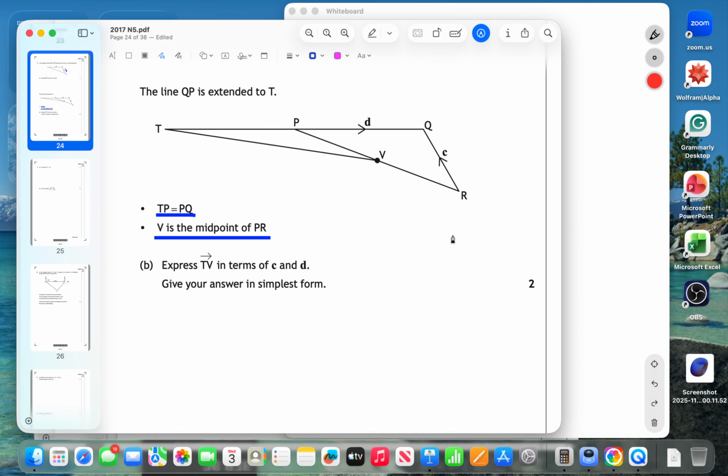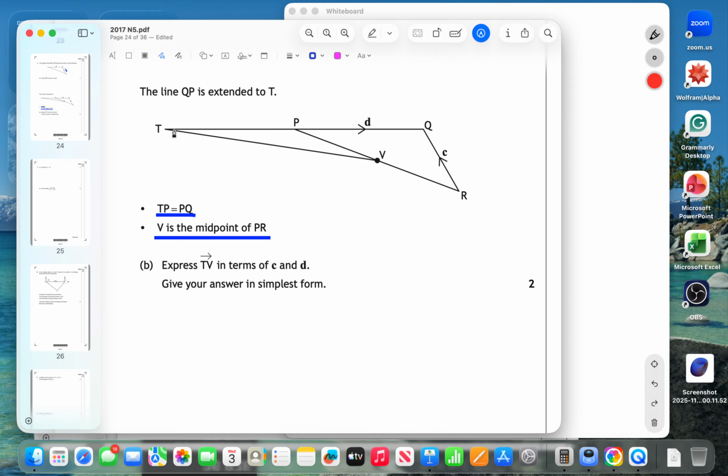Again, we're going to forget about C and D and think, which pathway do we want to take? So what do you know? So we know that we can go from T to P and we can go P to V in this direction, this way.